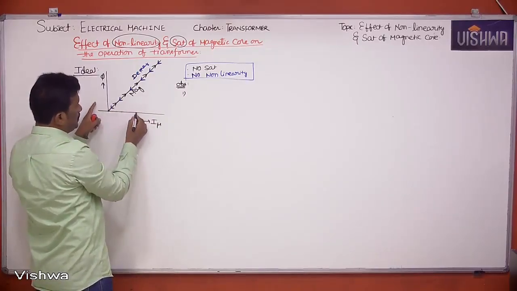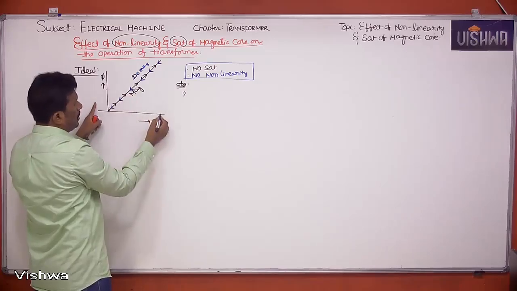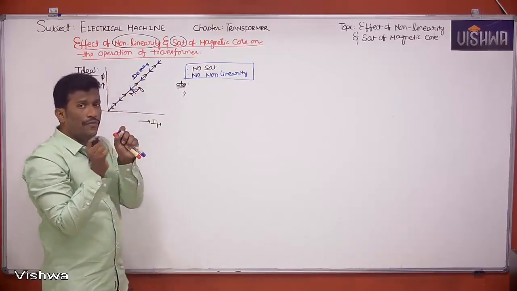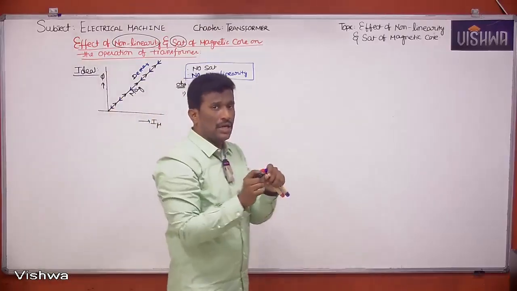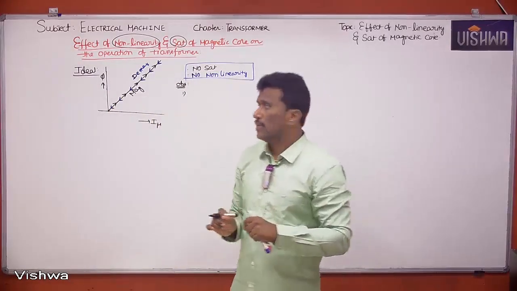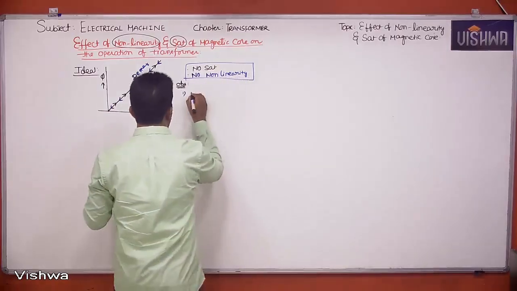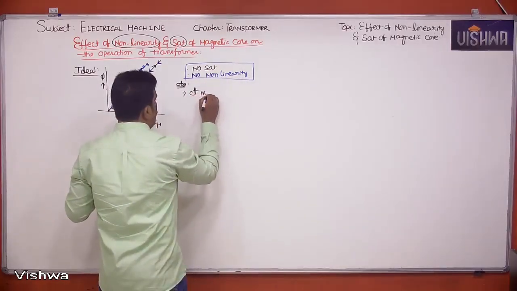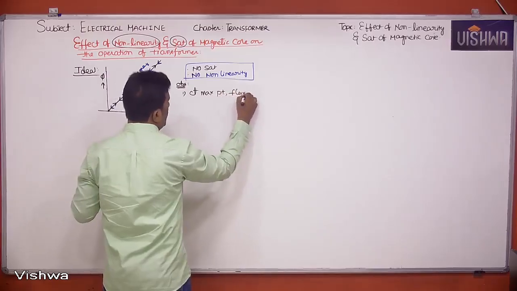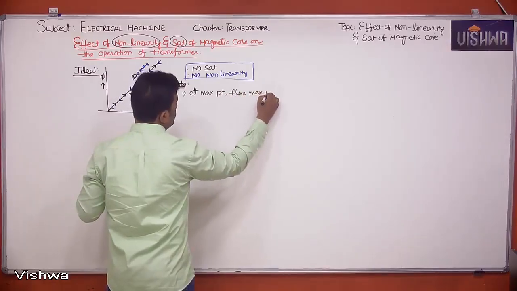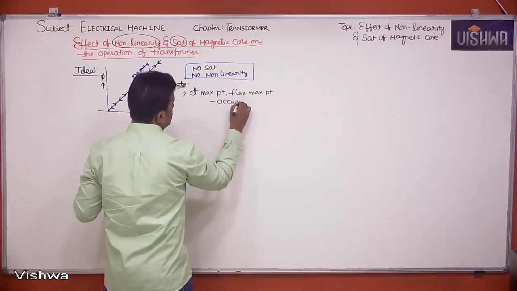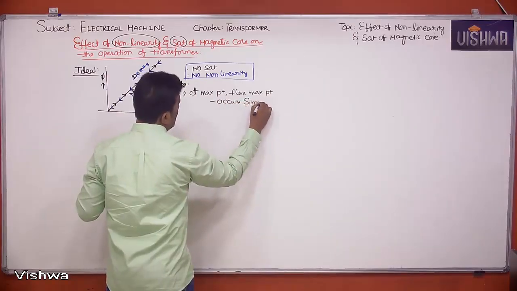That means the maximum point of current and the maximum point of flux coincide with each other. Let me write that point here: current maximum point, flux maximum point occurs simultaneously.